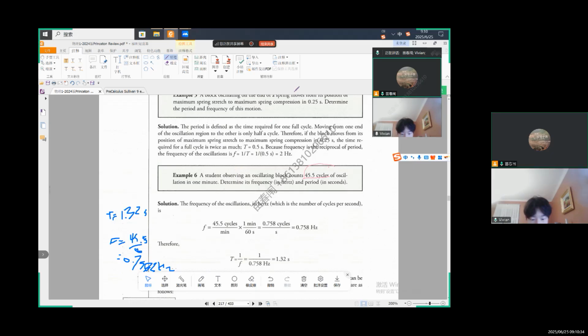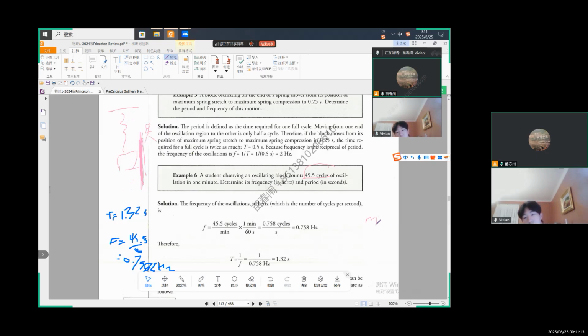Also, when you have a bungee jumper up and down, the period is certain. So what does the period relate to, or frequency relate to? Can you imagine if a person is heavier? Does it take longer to complete 1 cycle? Yeah, so mass is related, right?